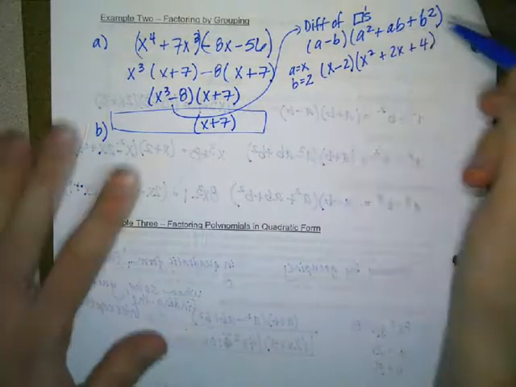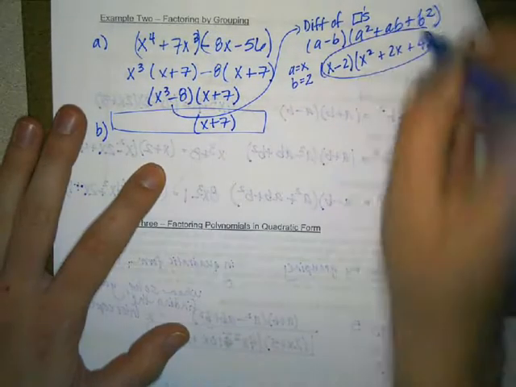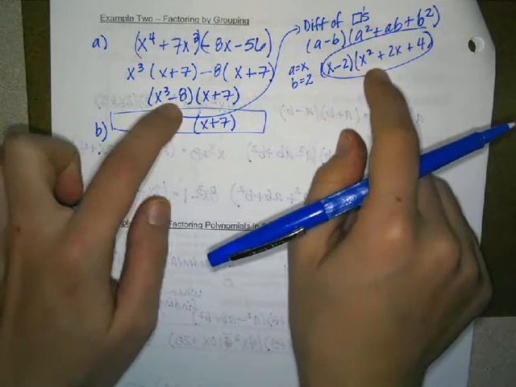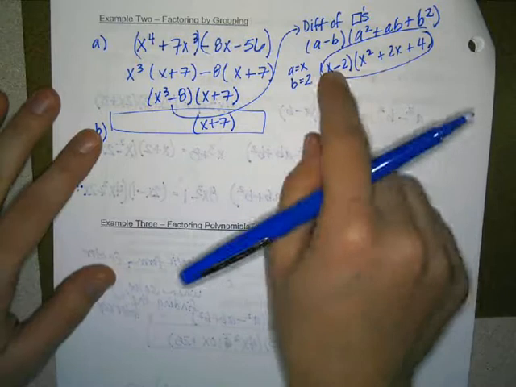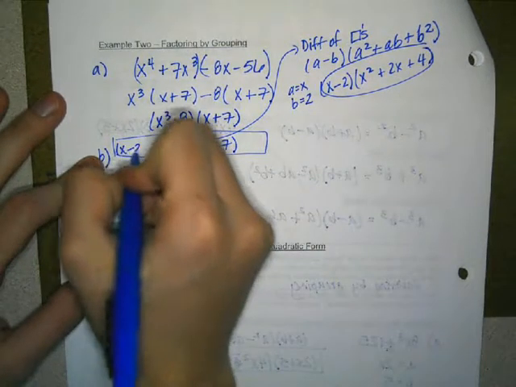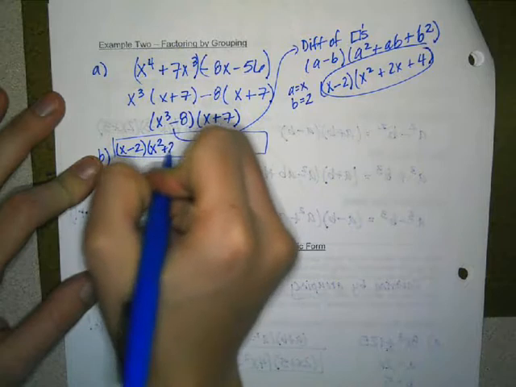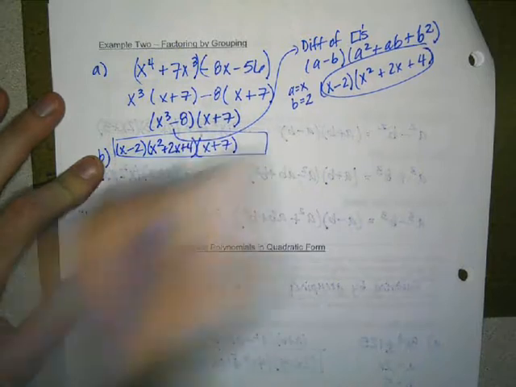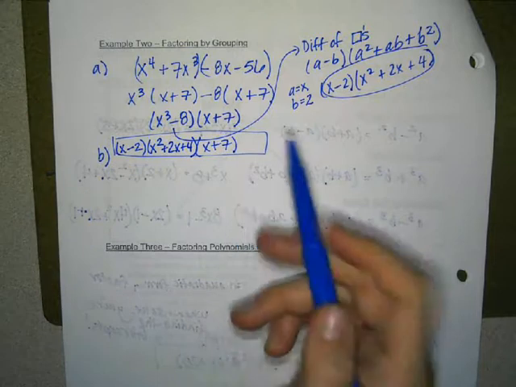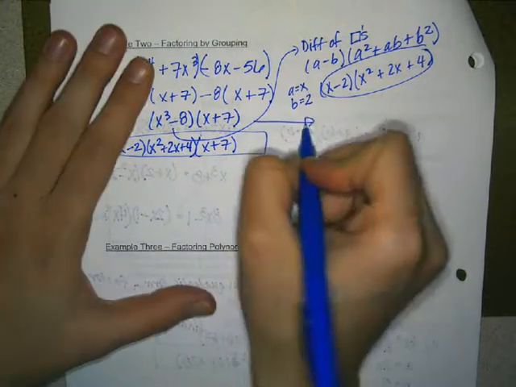Okay, so now this is the complete factorization of that first parenthesis. So we're going to glue these two to that last one. And that is our final answer because that's completely factored every single piece. I would write a little note here.